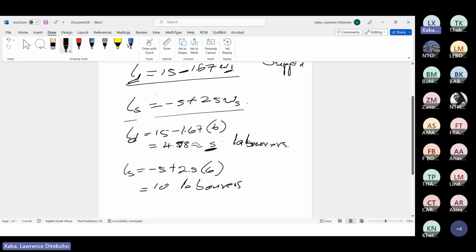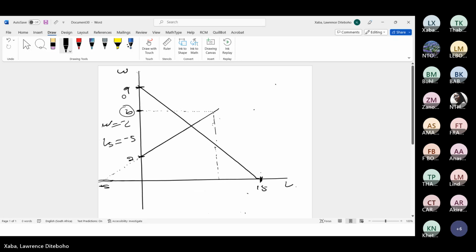We got 5 and we got 10. So we'll say we have 10 here and we have 5 here. These are the L values that we calculated where we substituted a value of 6.